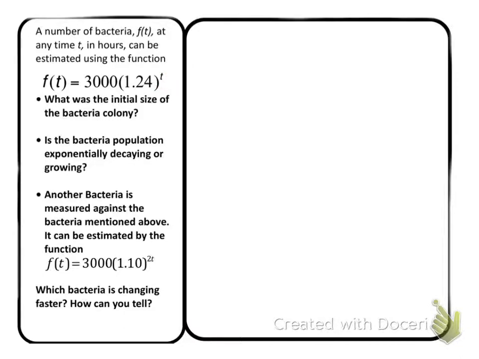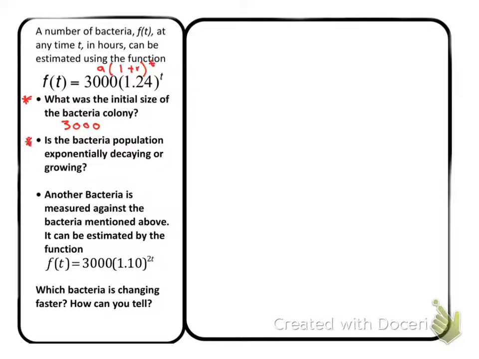So I know that this is a times 1 plus r to the t power. Okay, so let's just go ahead and scroll over that first bullet point. What is the initial size of the bacteria colony? So if we're looking for the initial size, that's given to us. We know that A represents initial size, and A is 3,000. So 3,000 is the initial size or the starting size of this bacteria colony.